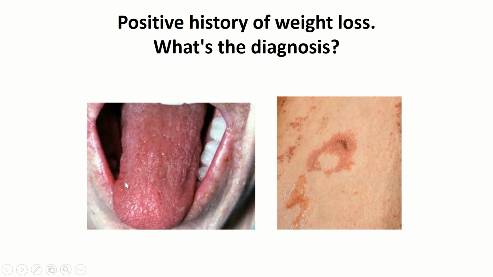Note this figure, as you see the glossitis, and here there are some erosive erythematous patches. These findings with this history are indicative of necrolytic migratory erythema, that the cause is glucagonoma.